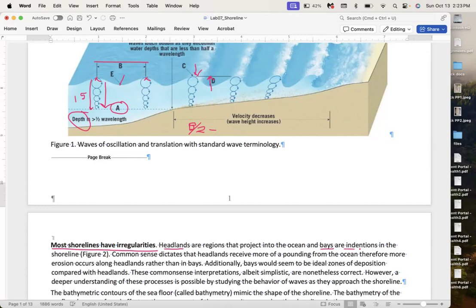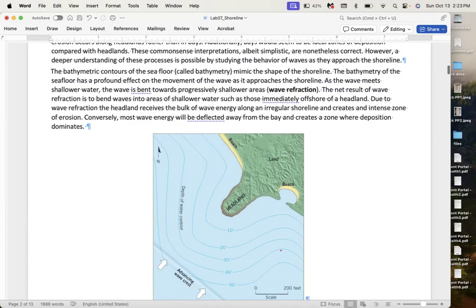So these are the indentations in the shoreline. That's what's shown here in figure 2, with the headland being here and bays being here and over here. So this area here is an area of erosion. This area here and here where the beaches are areas of deposition.